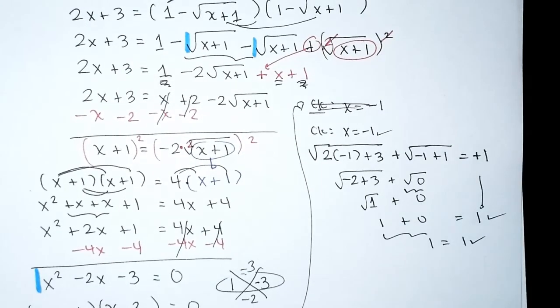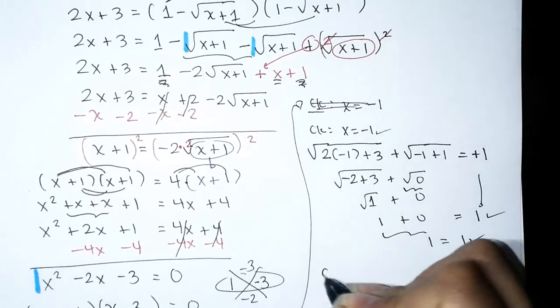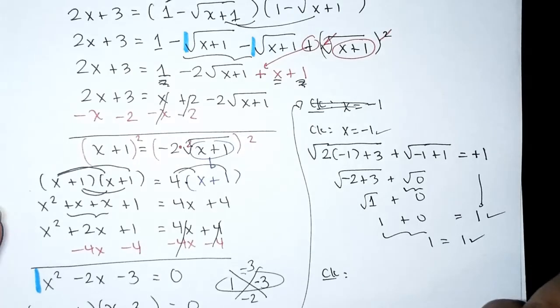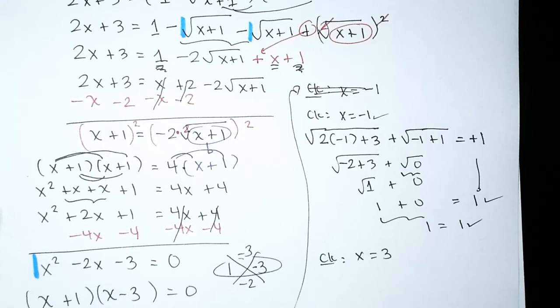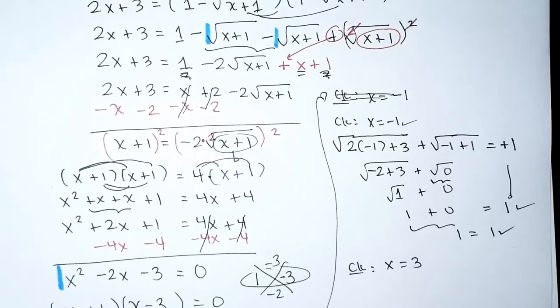Now, just because -1 is a solution, that doesn't mean that the other one has to check out, or that it's not supposed to check out. So we're gonna check it. Our proposed solution is 3, and again, I can't project the original equation without zooming out a lot, which defeats the purpose of me writing it anyway.